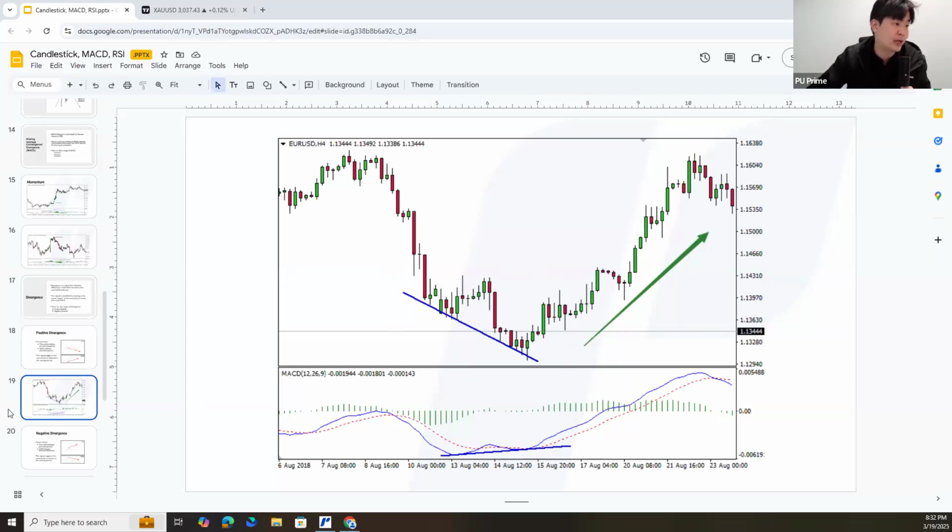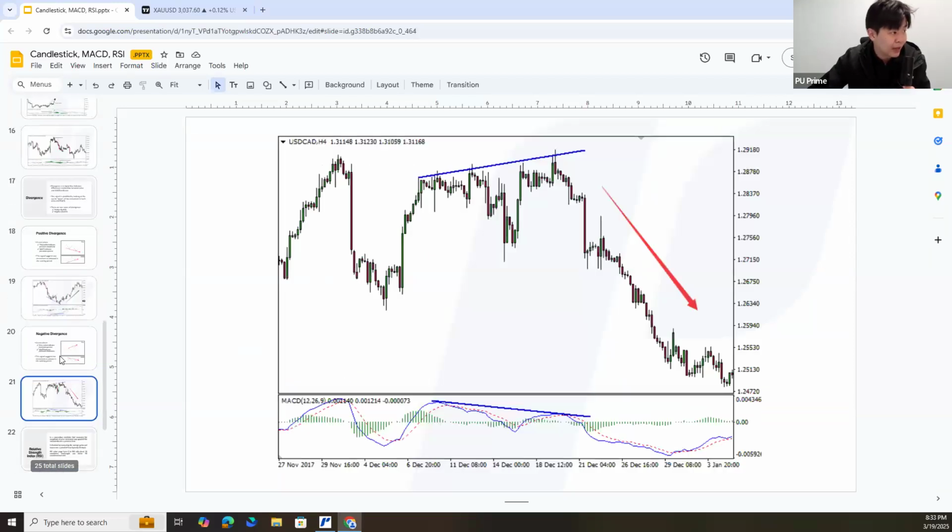This is how we find the potential bullish divergence. And then bearish divergence: the candlestick pattern is going up, but on the MACD, these two lines, the previous high is much higher than the current high. It's time for it to be dropping. Okay, so this is how we analyze divergence.